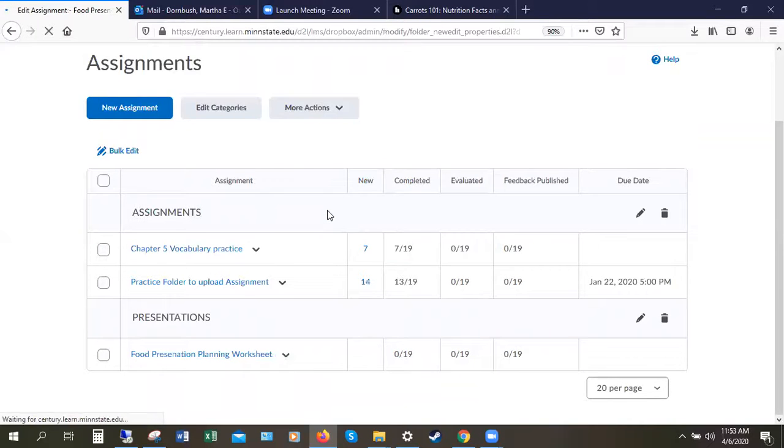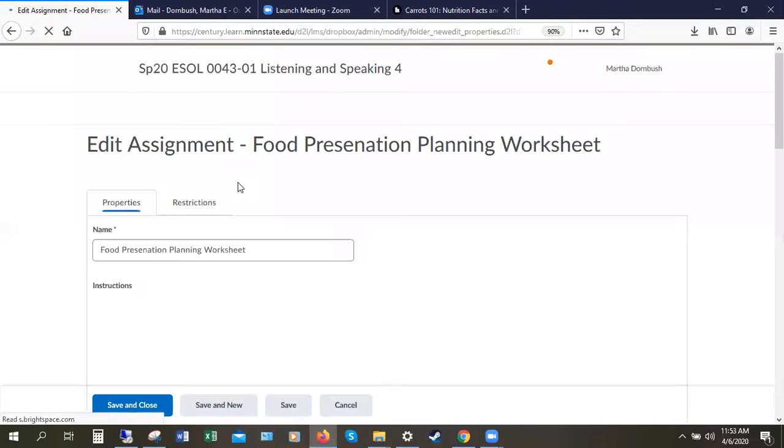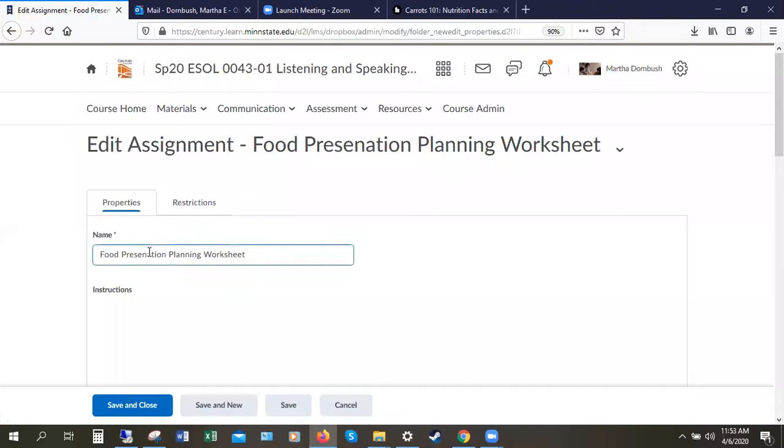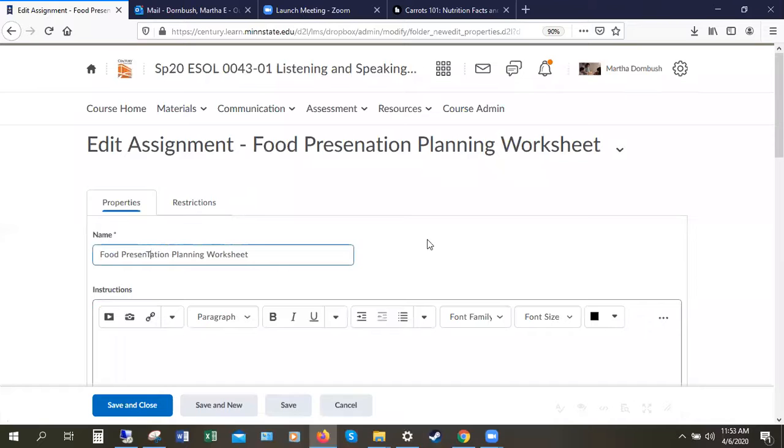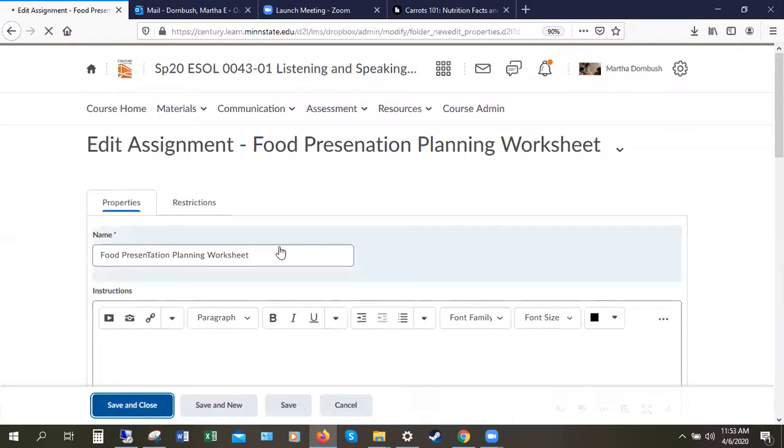My typing was bad today. Except now it's a capital T. I just noticed and I already pushed save.